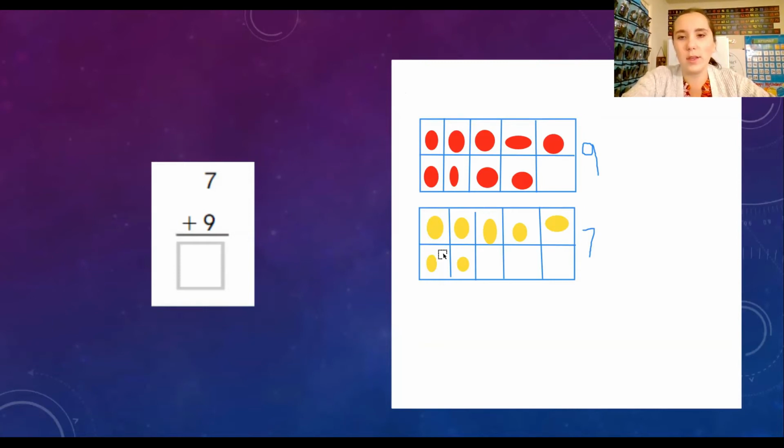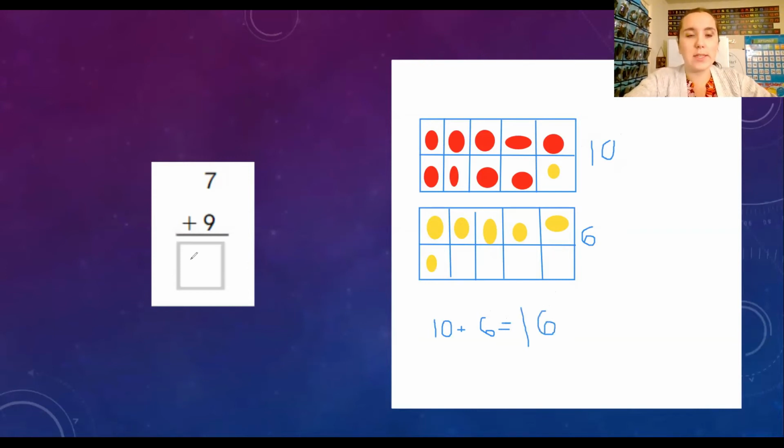So I'm going to move 1 counter. So now I have 10 plus 6. And we know 10 plus 6 equals 16. Now, since my number of counters didn't change, that means 7 plus 9 equals 16.